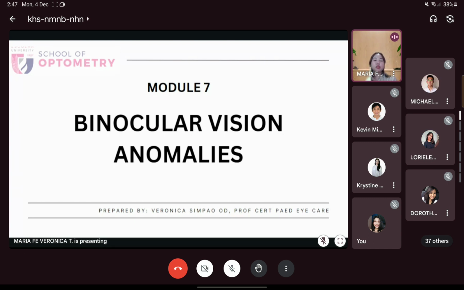For now, I will be discussing the binocular vision anomalies. This is just a brief discussion since I am assuming na nakapag-bino vision subject na kayo diba? Last semester. So this is just a review na I think you will need to know before we proceed for Pedia 2 next semester.